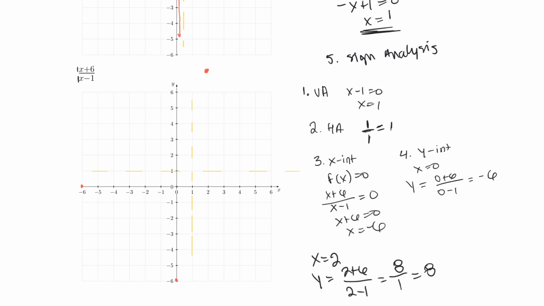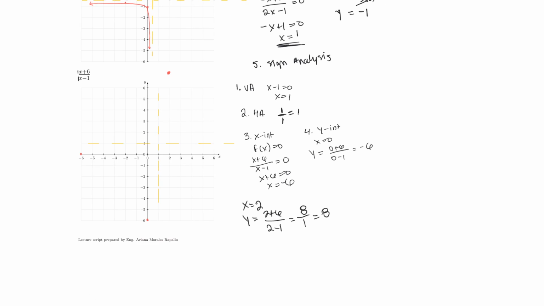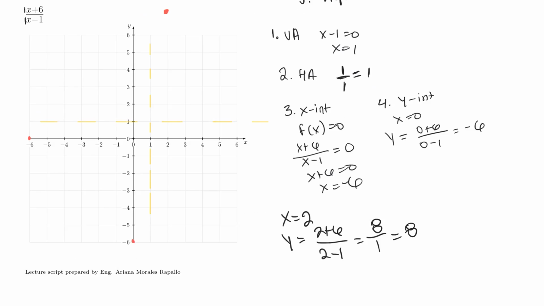So we know that our function happens here and here. And when we have polynomials with degree of 1, so x to the 1 power, it would have a shape like the one we did previously, like this one. But let's keep evaluating more numbers.